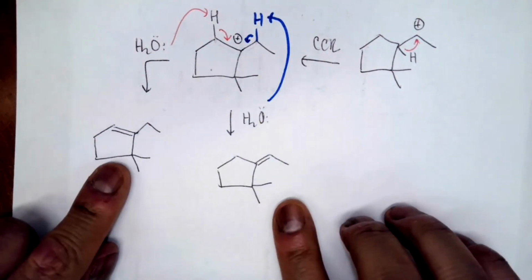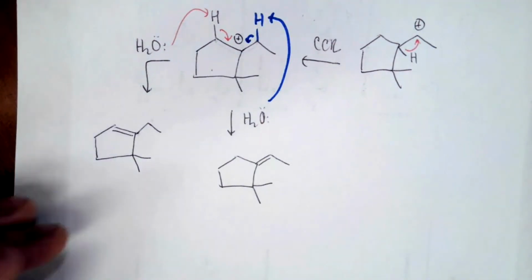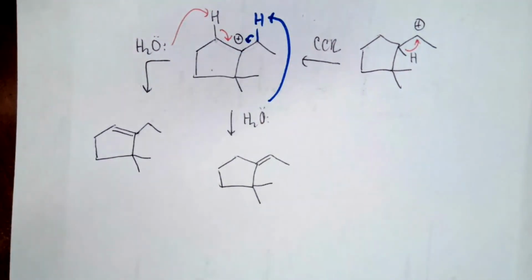Because there was a CCR, right? That's also something I wanted to tell you, that sometimes you might say, oh, I don't have a Zaitsev alkene. They both produce trisubstituted alkenes. So how do I decide if I do Zaitsev or Hofmann? If they both have the same branches, then there is no Zaitsev, there is no Hofmann.